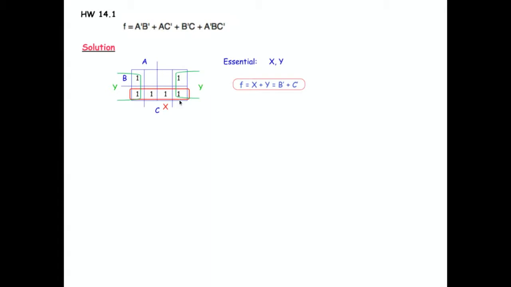X implies all of B prime, because X covers all of B prime and none of B. That means whether or not A and C are 1 or 0, the term is going to be 1. So how can I assert that?